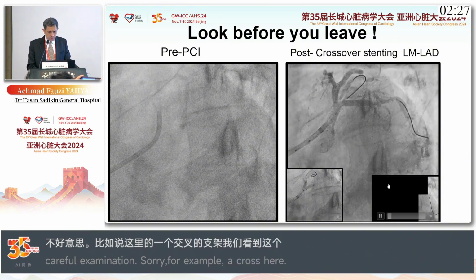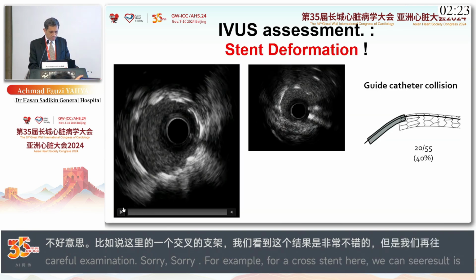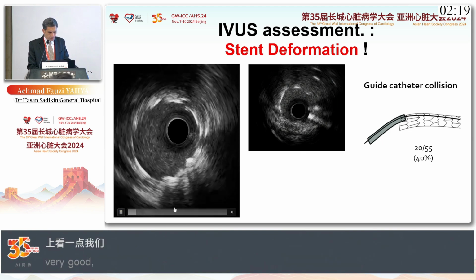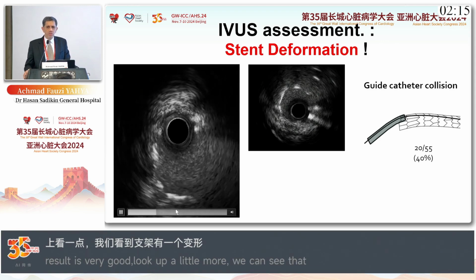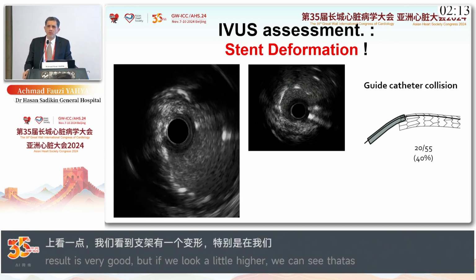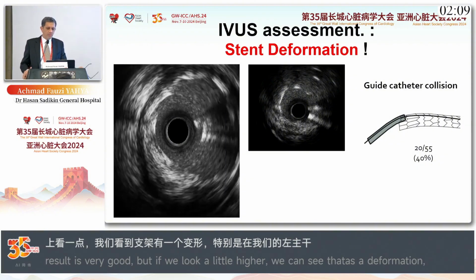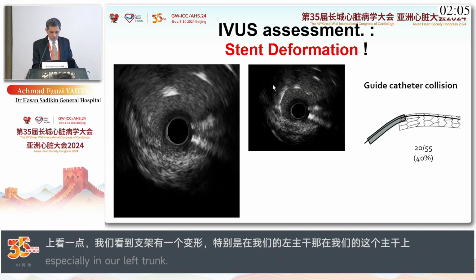But look at afterward. There is stent deformation at the ostial part of the left main. Despite the angiography looking very good, IVUS demonstrated there is a deformation of the stent. Look at this, this is a deformation of the stent.